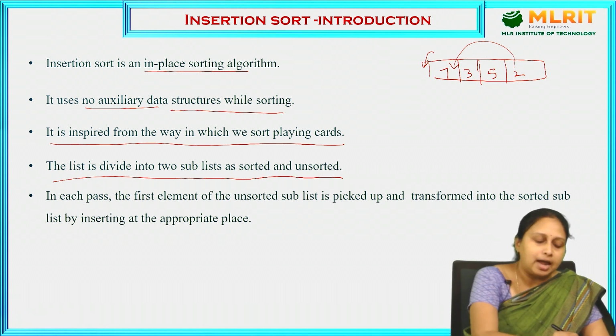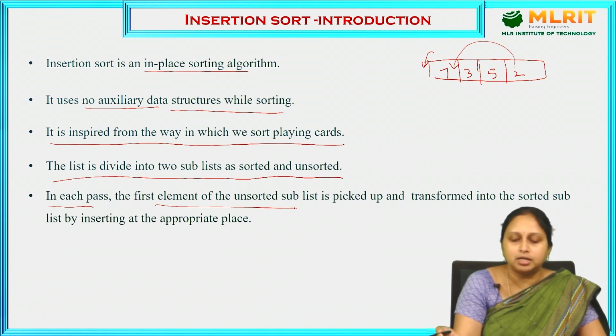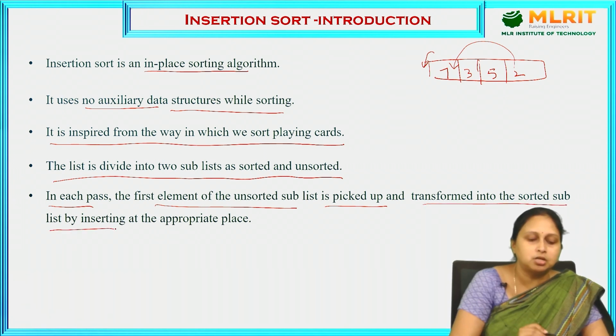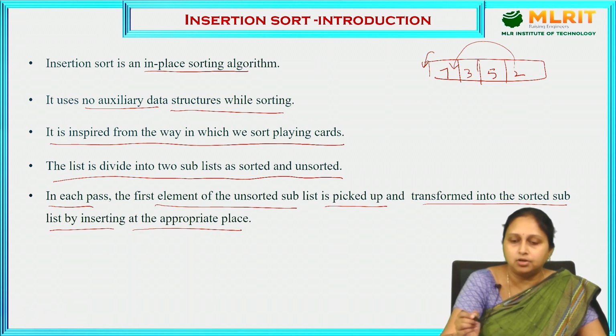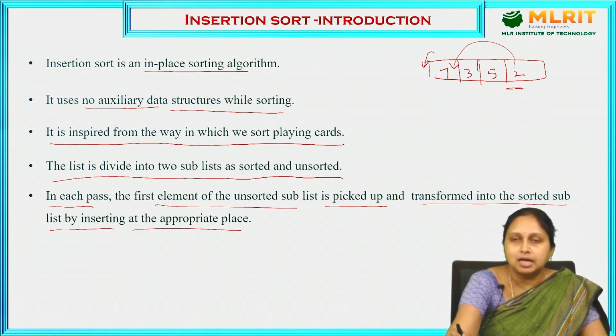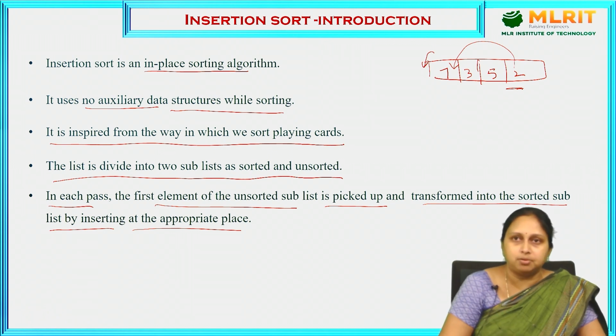In each pass, the first element of the unsorted sublist is picked up from the unsorted list and transferred into the sorted sublist by inserting it at the appropriate place. I told you, we are going to place the element in the appropriate place. That's why it is called insertion sort.